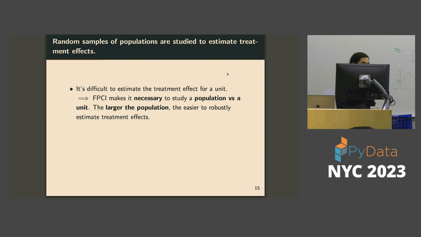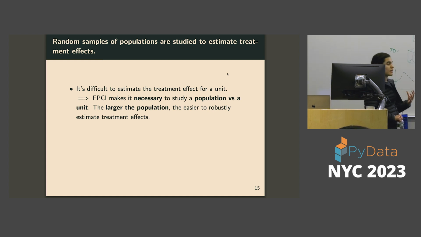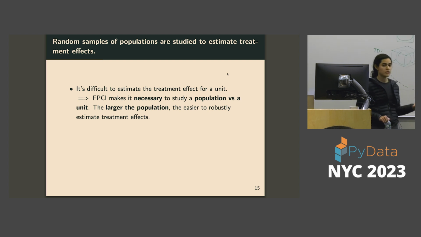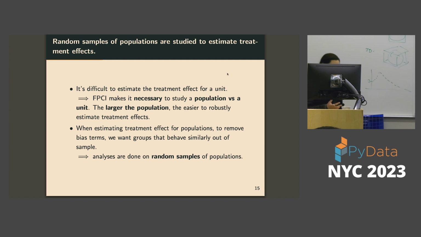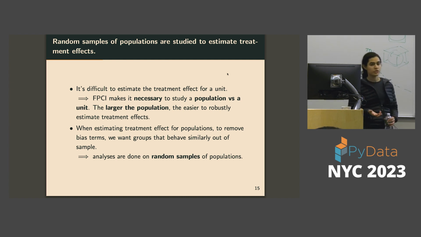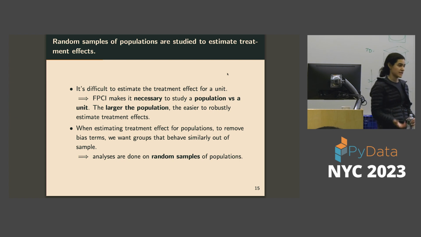And so in this problem, the fundamental problem of causal inference makes it so that we need to analyze a population as opposed to a unit. And the larger the population, the more robustly we can estimate the treatment effect. In addition to that, if you have random samples of populations, it's going to help you remove the bias in this estimate.